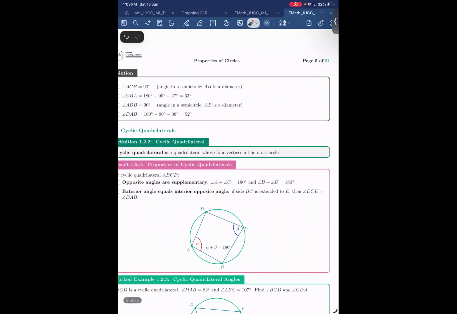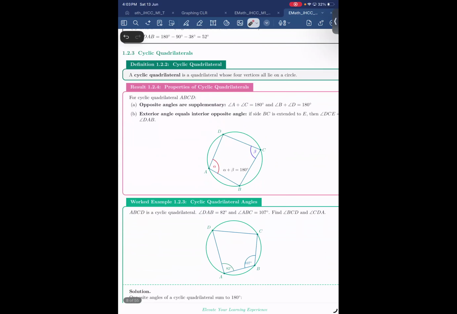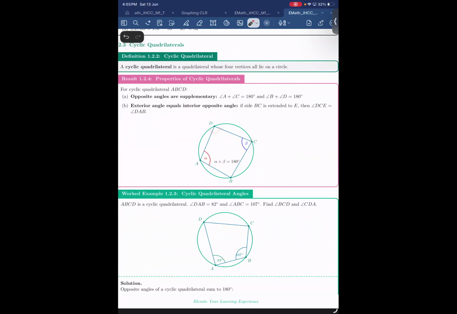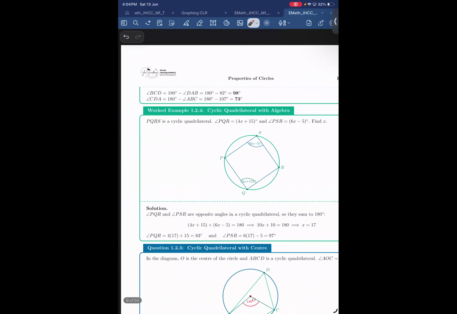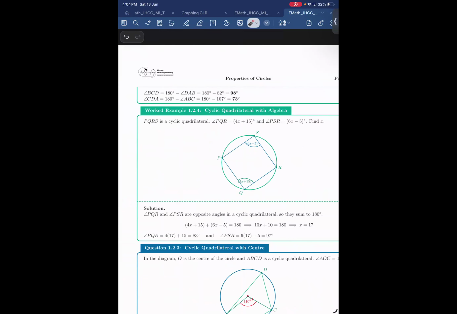Then CDA is this one: 107 plus CDA must equal 180 degrees, so angle CDA is 180 minus 107, which is 73 degrees.